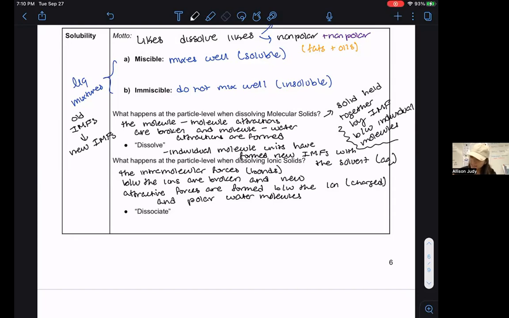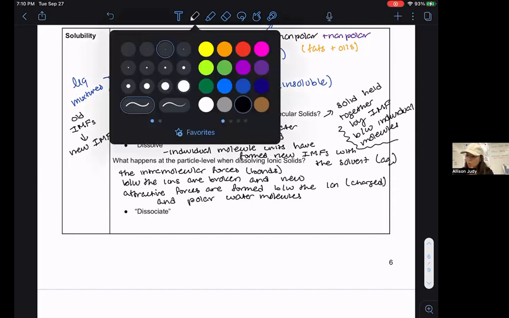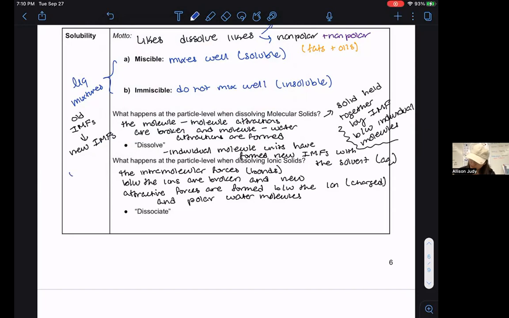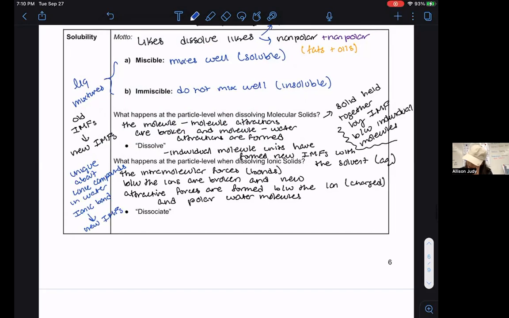But what's unique about ionic compounds in water is that we see an ionic bond break to form new IMFs.